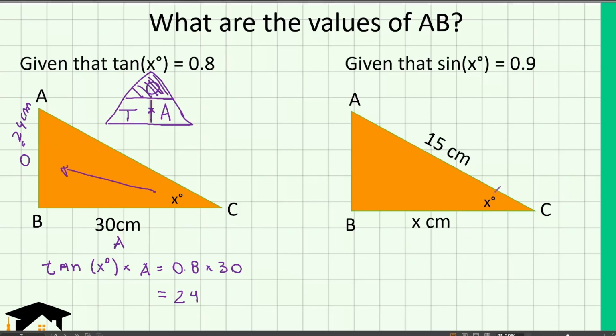Similarly, for this other one, we don't know the value of x, and we have to calculate AB. Just ignore this one. AB is again the opposite, and we know the hypotenuse. So for hypotenuse and opposite, we use the sine.